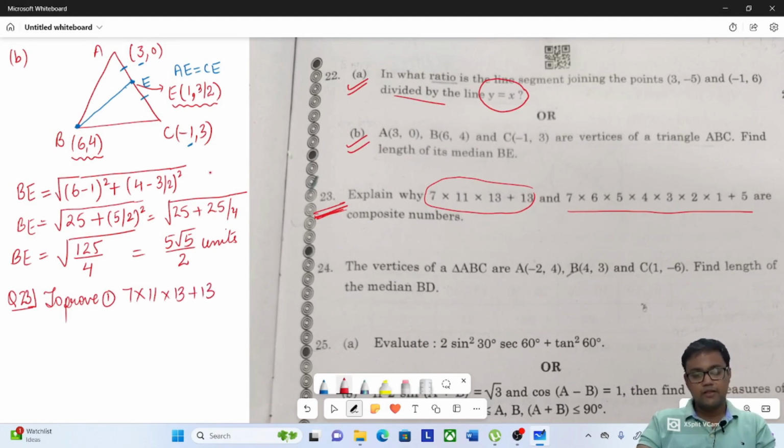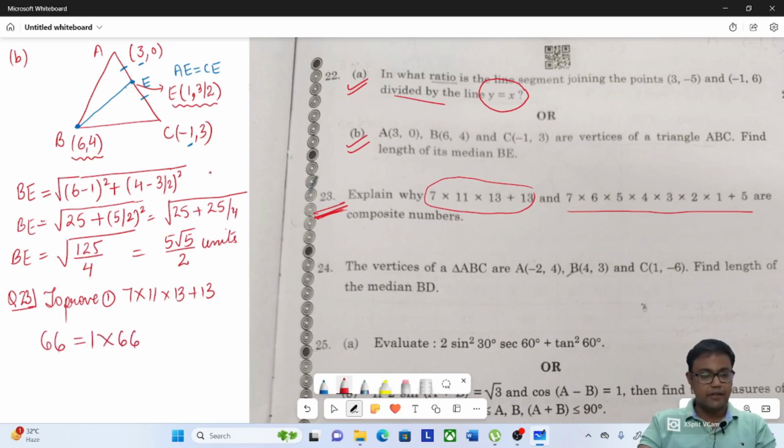And what is a composite number, children? A composite number is a number which we can write in the form of the product of two different numbers, except one and the composite number itself. For example, let us say 66 is a composite number. Why?